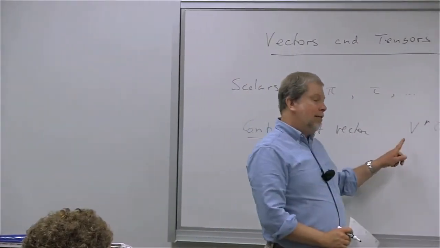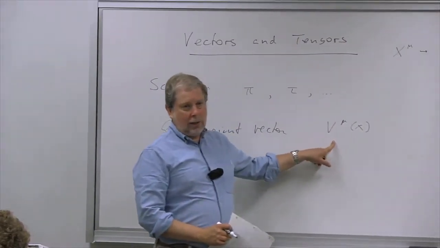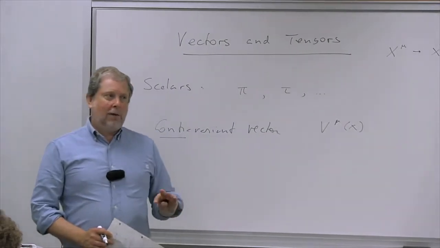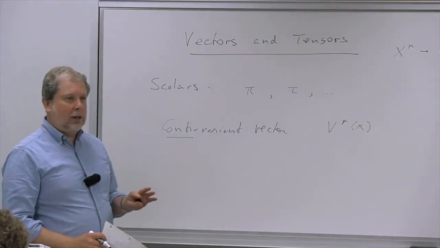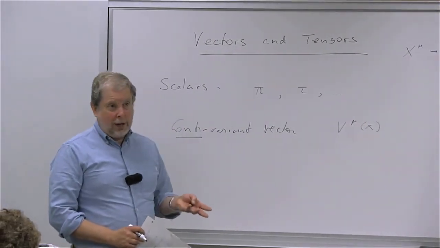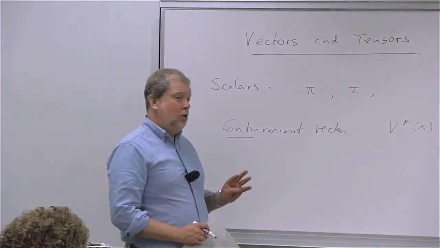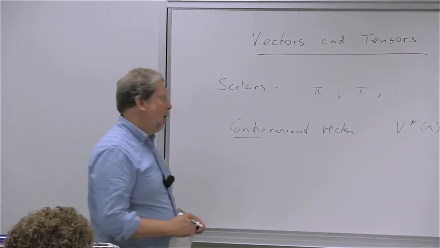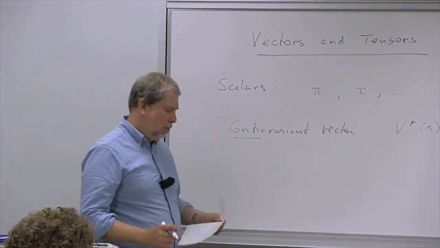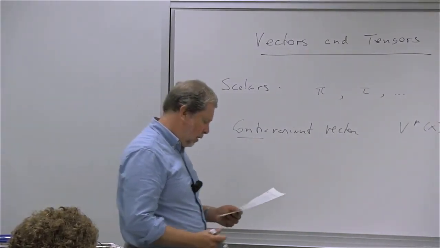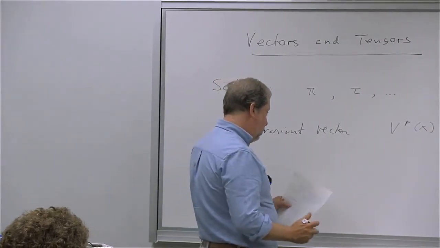This distinction is a very small one in special relativity, because there, having an index upstairs or downstairs just changes the sign of the zeroth component, which is not a big change. But in GR, it is a big change, and they're just quite different objects as far as transformation properties and their coordinate changes are concerned.